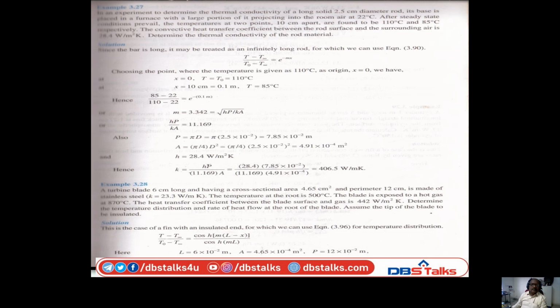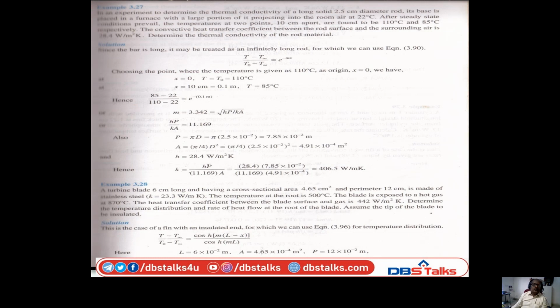So on the fin between 2 points, he has given temperatures T1 and T2. The convective heat transfer coefficient between the rod surface and the surroundings, H value, is given as 28.4 watt per meter square Kelvin. Determine the thermal conductivity of the rod material.